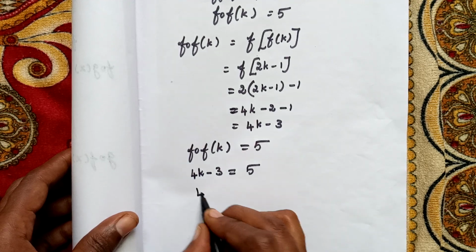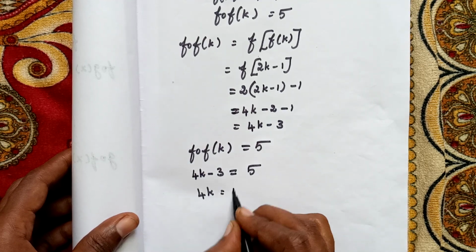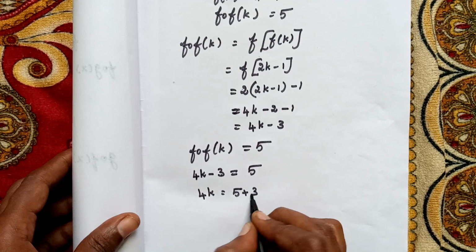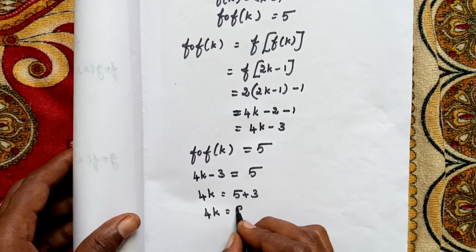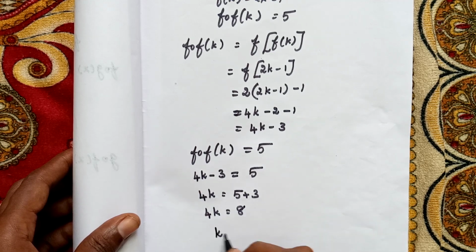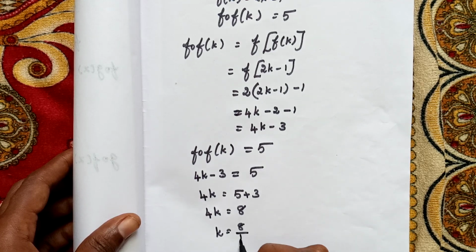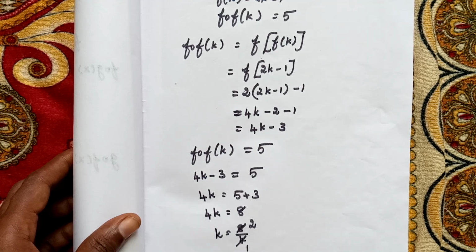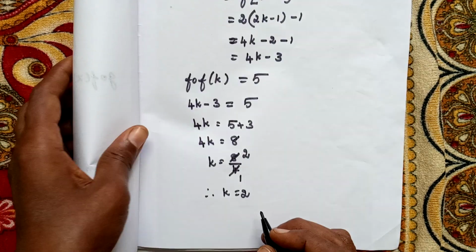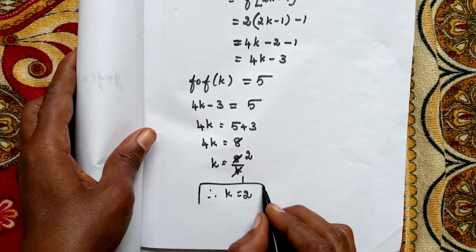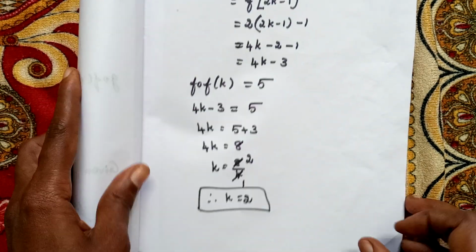So 4k is equal to 5 plus 3, so 4k is equal to 8. So k is equal to 8 by 4, 2. Therefore k is equal to 2 is the answer. This is the value of k.